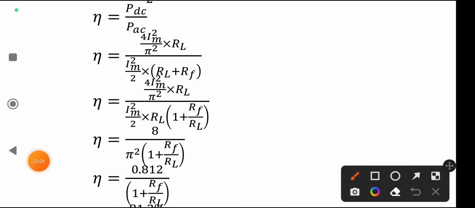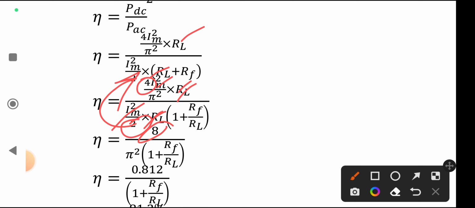Here RL is taken outside as common. So RL gets cancelled here, because RL is already there. And now Im square is also cancelled. This 2 goes upside. Already 4 is there, into 2 it becomes 8.